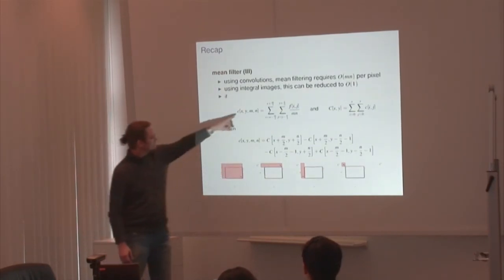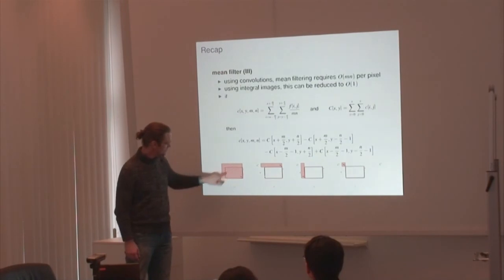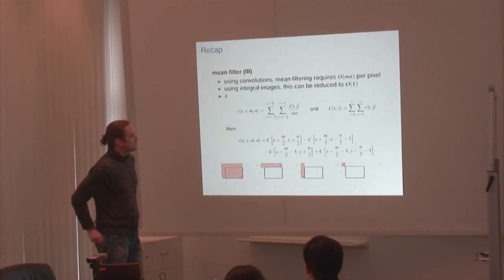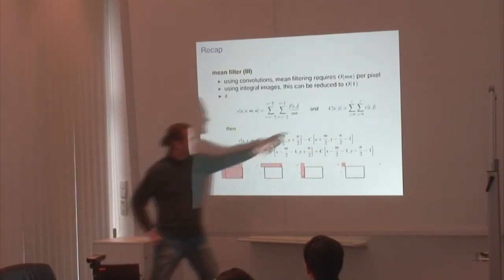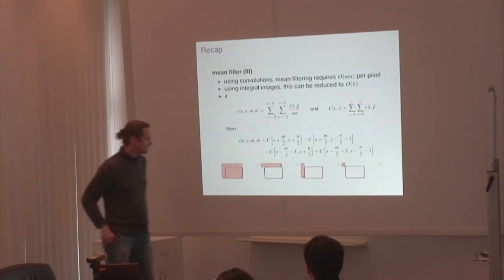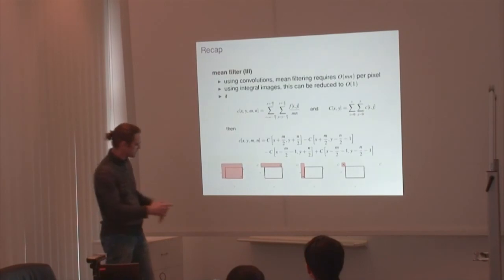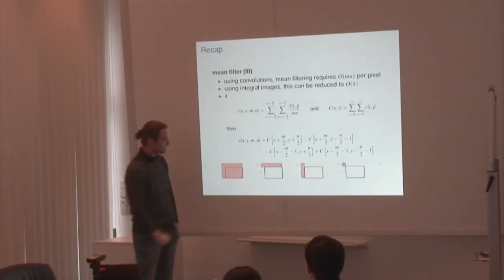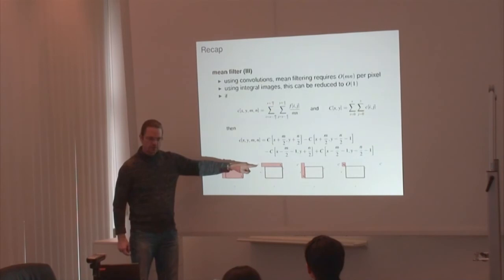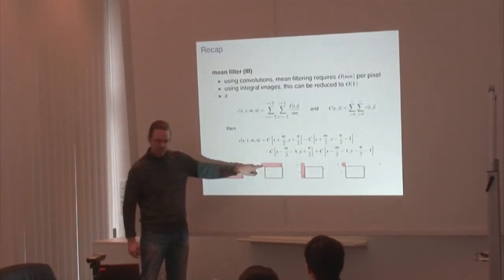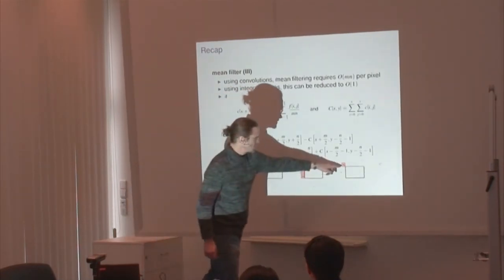We are, however, interested in the summation over the pixels within this smaller rectangle. But we discussed that if we had computed this one, the sum of the pixels contained in this smaller rectangle is the sum of the pixels in this larger rectangle minus the sum of these pixels, minus the sum of these pixels, and since we have subtracted this one twice, we have to add it again.